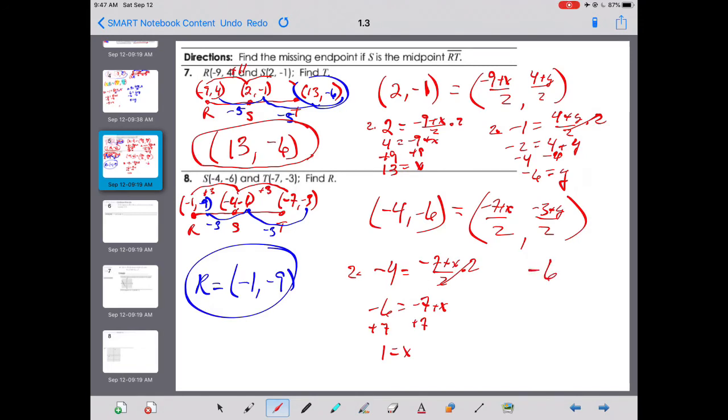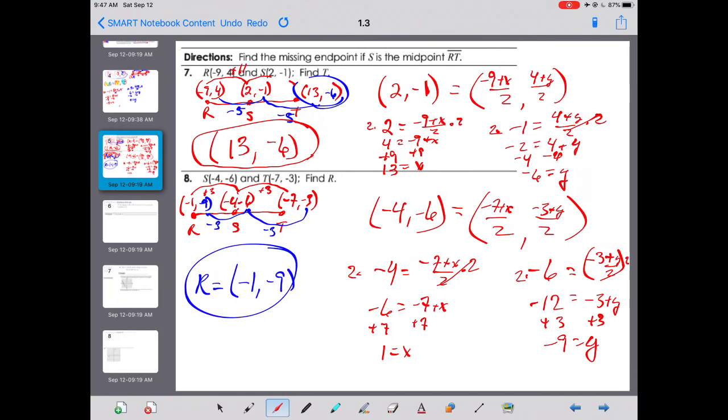Let's see what happens with the y. Negative 6 equals negative 3 plus y over 2 times 2. Negative 12 equals negative 3 plus y. Add 3. That's negative 9.